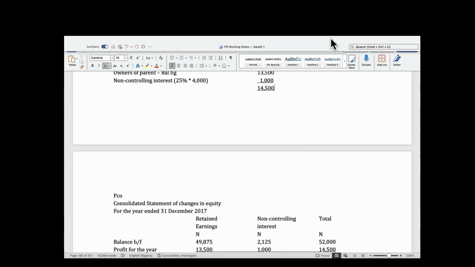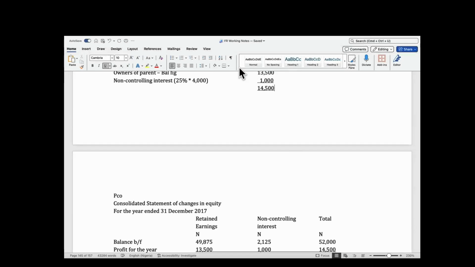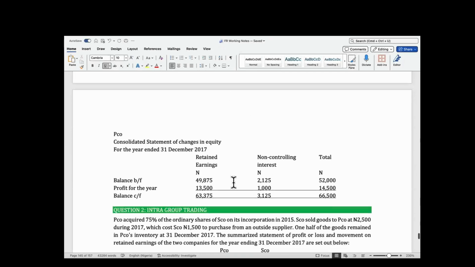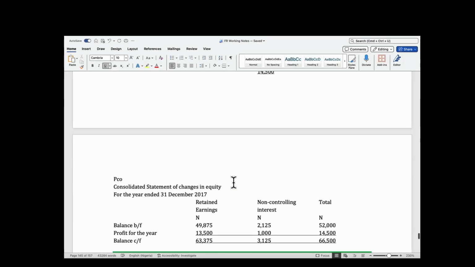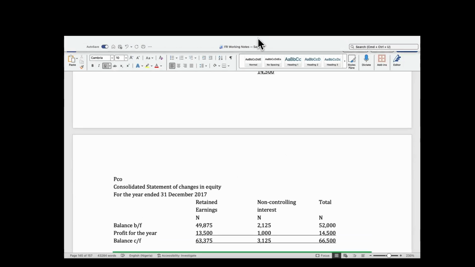Any other questions before I move to the second question? Okay. Hello, sir. Yeah, Moses. Sorry, in a situation where you are asked to consolidate profit or loss account of the group and the subsidiary, and the acquiring percentage is not given, is there any data we can use from the statement of comprehensive income to determine the percentage acquired by the parent company?